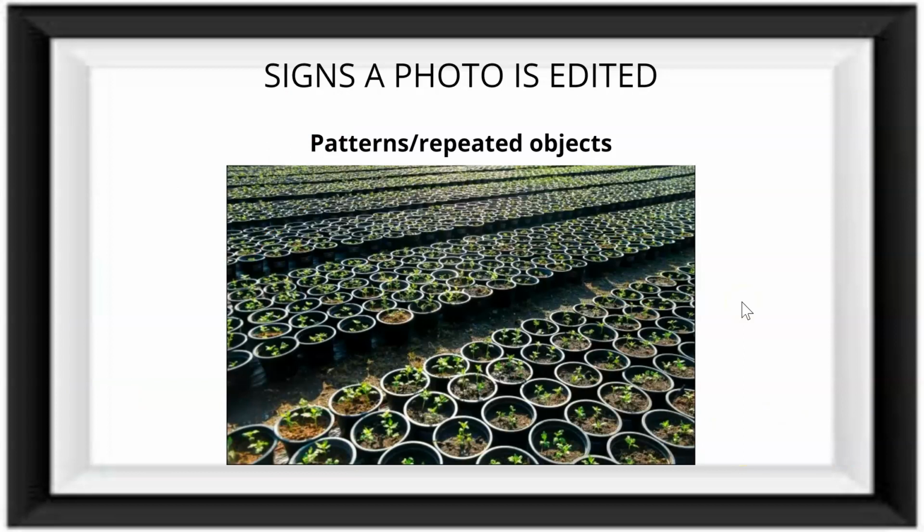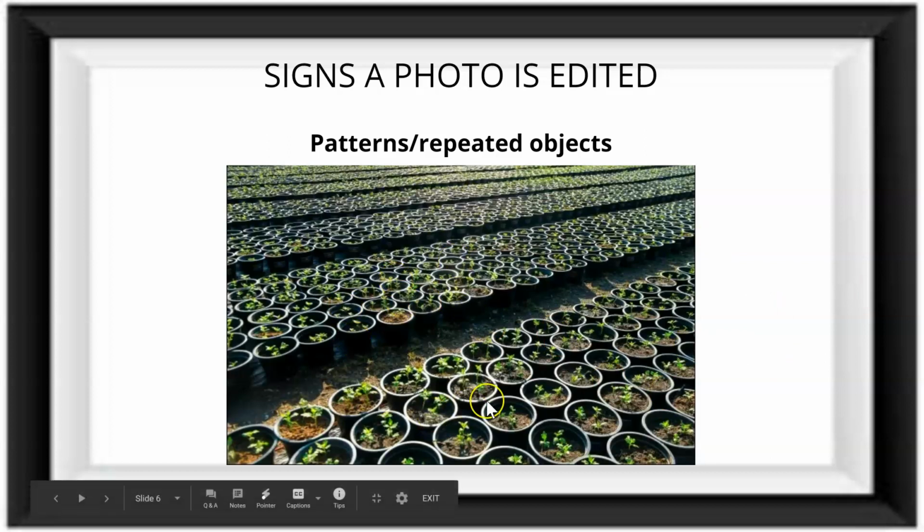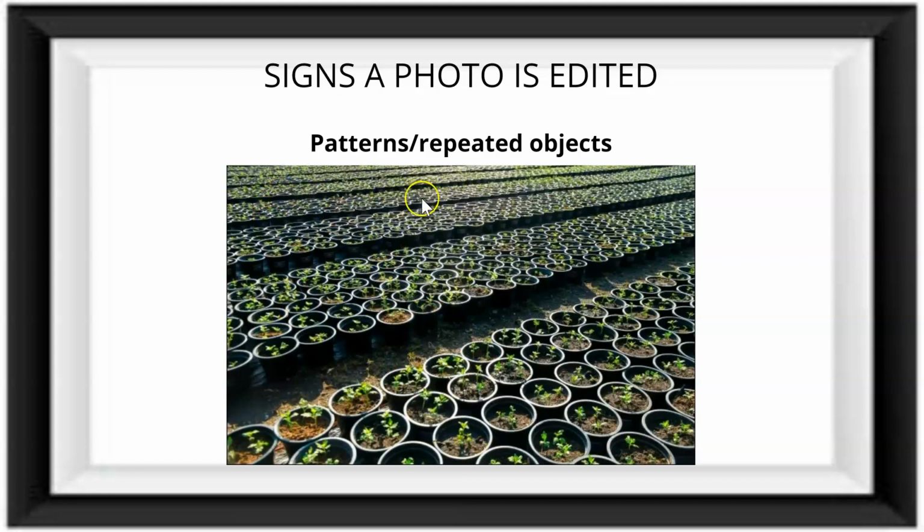Next up, these are more tricks regarding advertisements versus beauty and social media influencers, and that's the idea of patterns and repeated objects. When you're editing something out of a photo and you're replacing it with a pattern or repeated object, we see it here. These two front pictures were probably the original, and something back here they wanted to edit out.